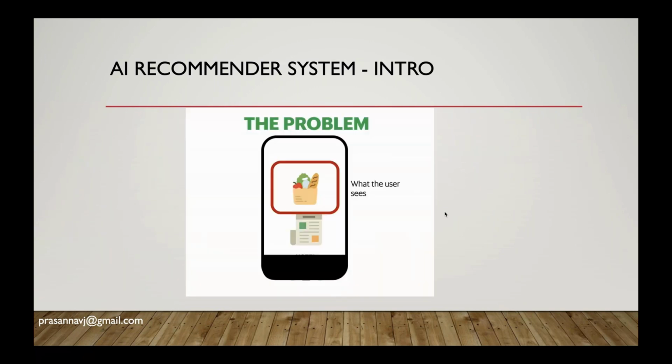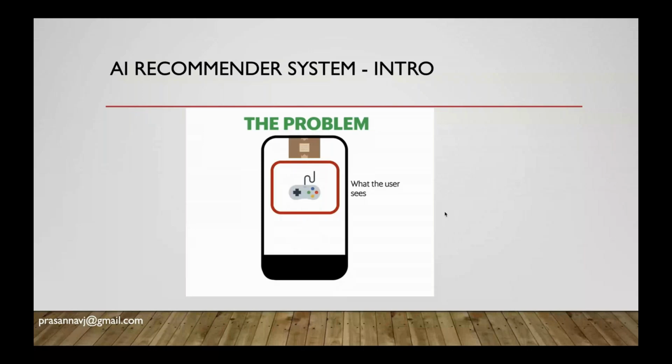Before we start, what is the basic problem that we are trying to solve? Typically the users use multiple sources of information at this point in time, and if they want to purchase something or they are looking for some specific details, how effectively the platforms or solutions provide whatever the users are expecting makes or breaks the company's profitability.